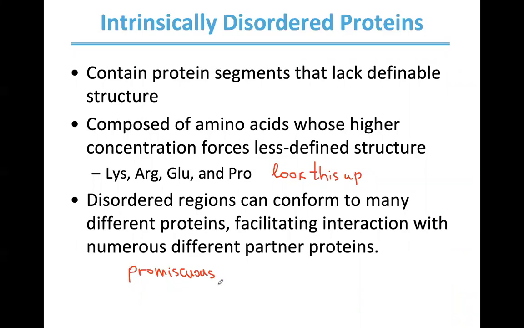For example, there is a protein P27, which is known as a tumor suppressor protein.